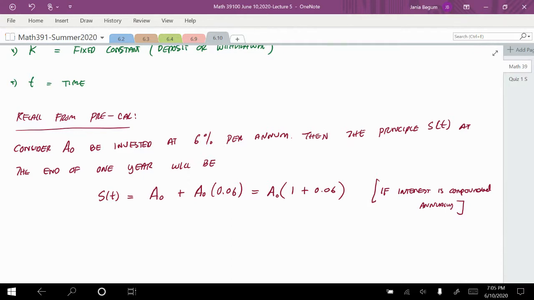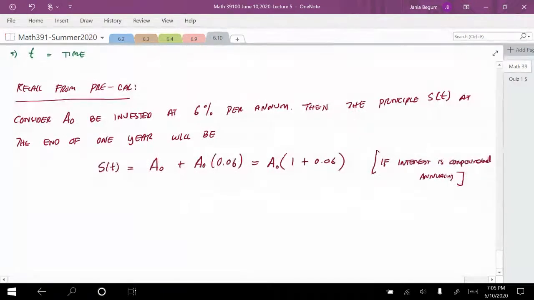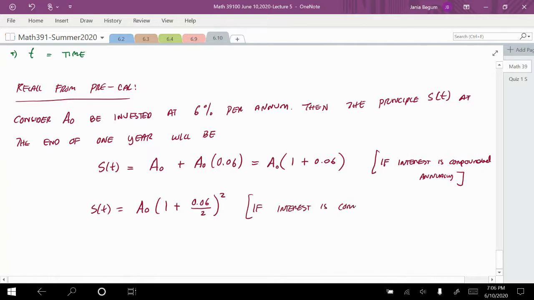So S of t is going to be, here's what happens: we have some initial amount that we're putting into savings, and then we have 1 plus the rate over 2, to the second power. So this would be the amount if interest is compounded semi-annually.